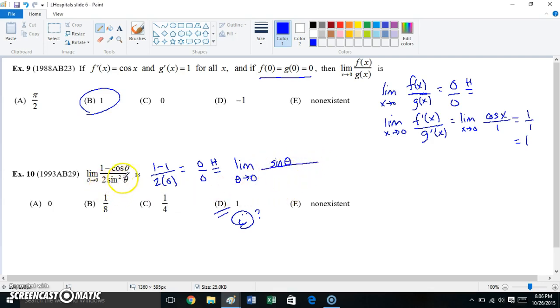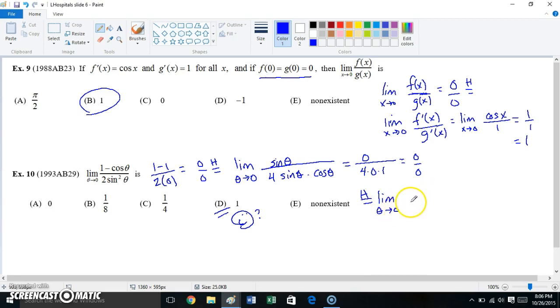The derivative of 2 sine squared theta will be 4 sine of theta times cosine of theta. Evaluating, the sine of 0 is 0. And in the denominator, we'd have 4 times 0 times 1, which is still 0 over 0. Let's do L'Hopital's one more time and see if this is all it takes.